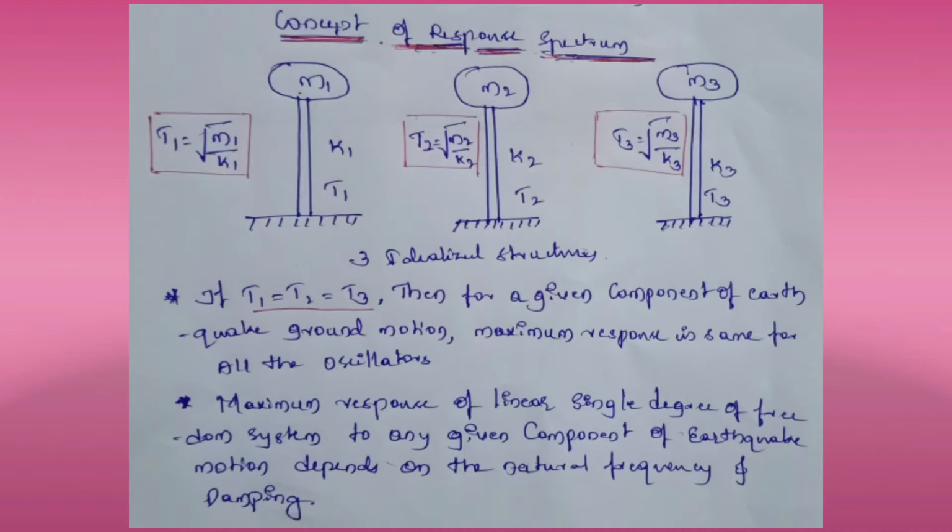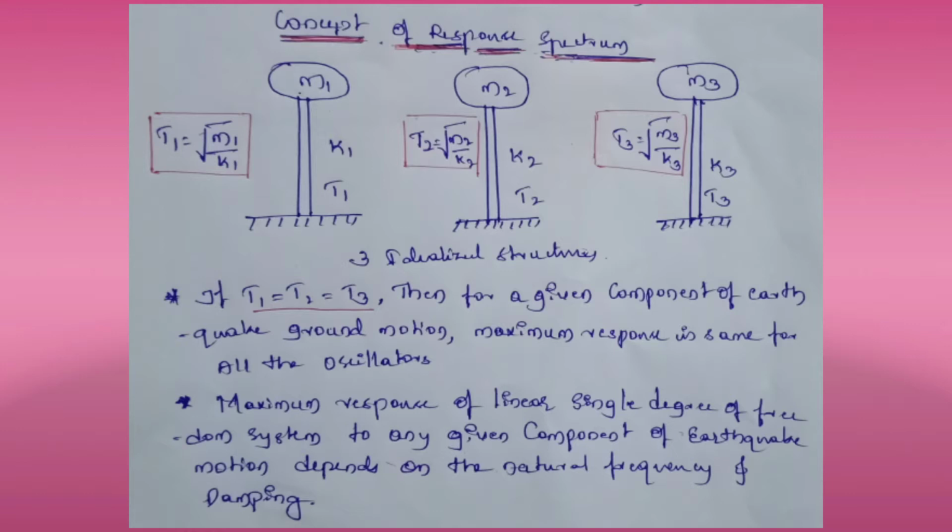You already know how to calculate time period by using mass and stiffness. The formula for time period is T1 = square root of m1 by k1.